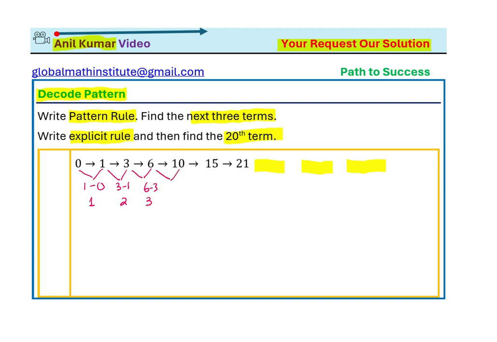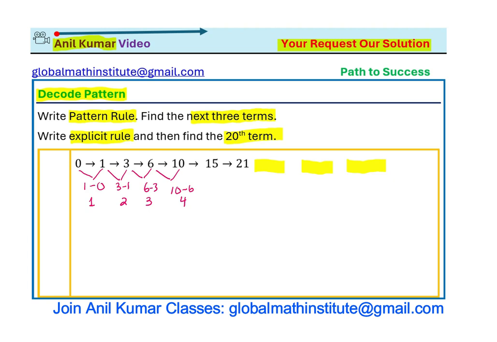And then 10 minus 6, which is 4. If you follow this pattern, every successive term is an addition by 1, 2, 3, 4, one more number each time, right? So the next difference is 15 minus 10, which is 5. And then 21 minus 15, which is 6.